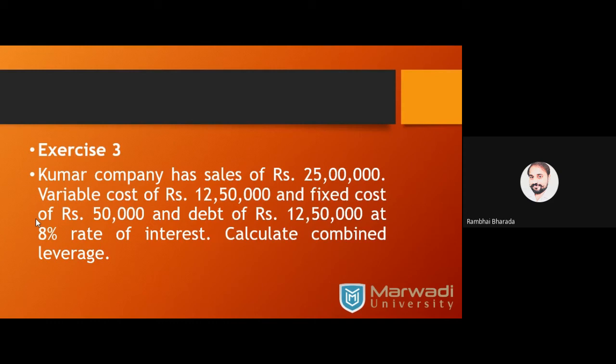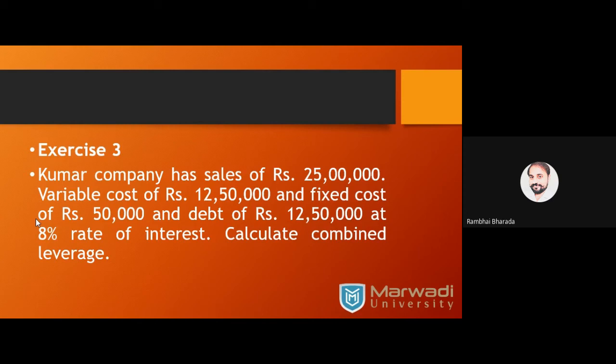Now moving to the next calculation, and that is financial leverage. Can you tell me the formula? Financial leverage is equal to OP upon PBT. Here OP is also known as PBIT. Operating profit we already have, 12 lakh, so no need to calculate it. Just need to calculate PBT. PBT means PBIT minus I, and here I means interest.